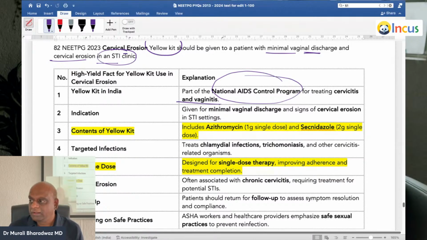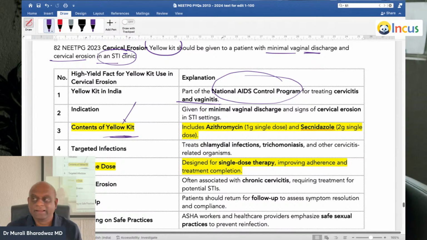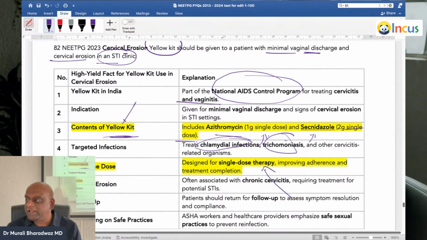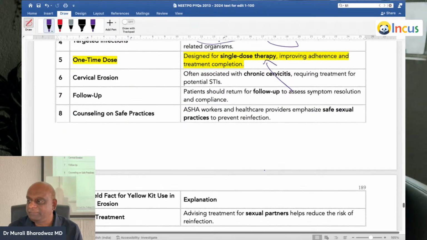So what are the contents of the yellow kit? It contains azithromycin 1 gram single dose and secnidazole 2 grams single dose. Azithromycin and secnidazole will help with chlamydial infections, trichomoniasis and other cervicitis. It is designed for single dose therapy, improving adherence and treatment completion.